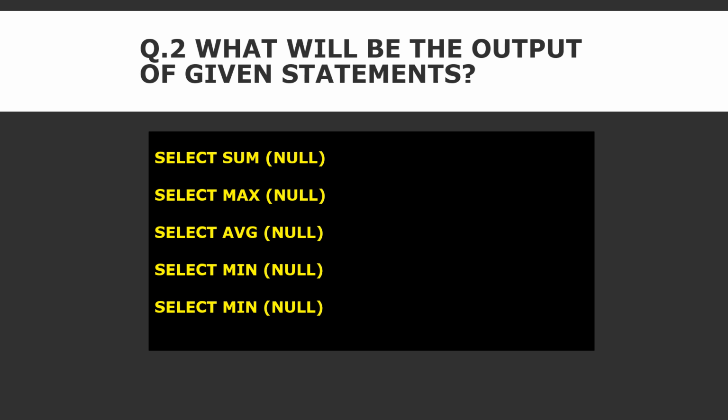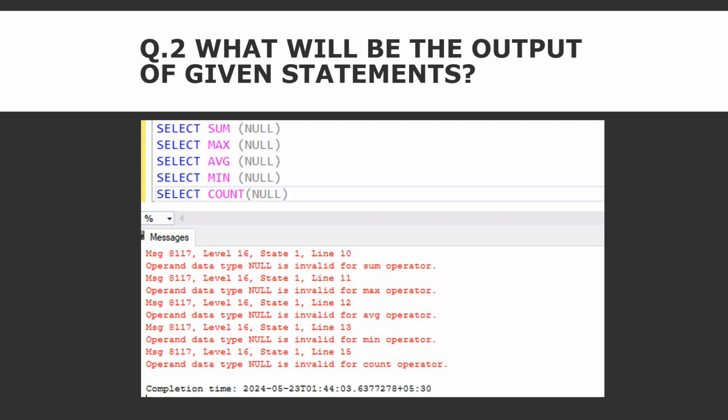So it should give us null or it should error out. Let's see. The output of the following statements: operand data type null is invalid for the sum operator. So on all aggregate functions, you cannot pass a null argument, so you will get this error.